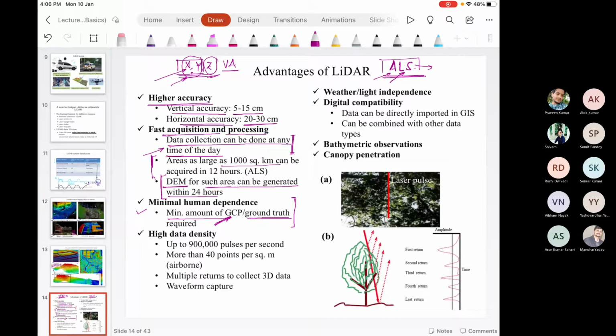And the fourth one is data density. I have already explained three different types of data density, that is line density, area, and volume. Just see the data rate at which the laser pulses are fired. In 1 second, the data rate is 900 kilohertz.